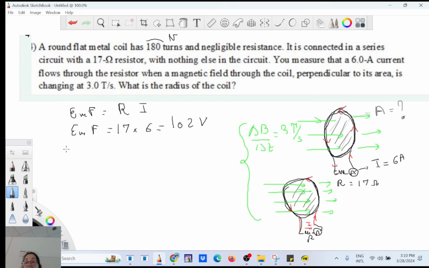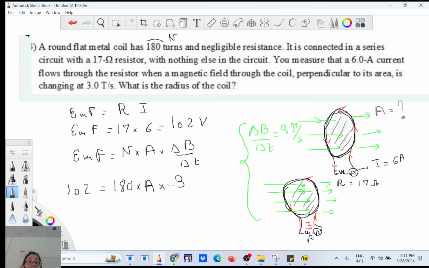Okay, so the EMF equals the number of turns times the area. The area does not change, so the only thing that changes is the magnetic field. So delta B over delta t. So 102 equals the number of turns 180 times the area times 3. We're going to find the area first, and then we'll figure out the radius.